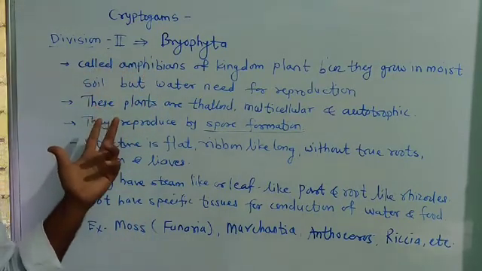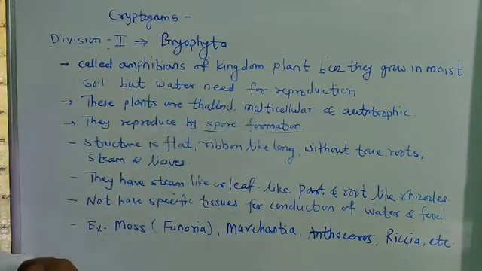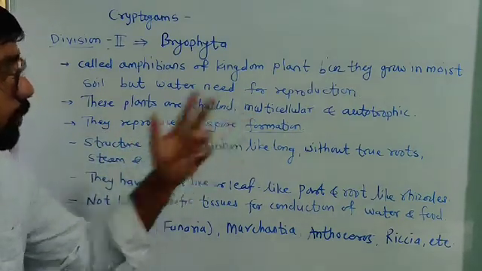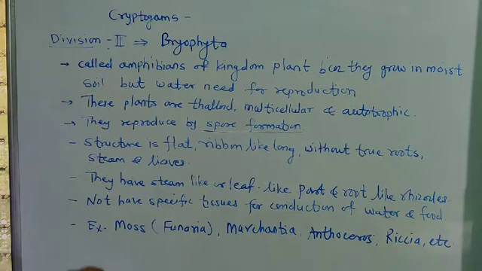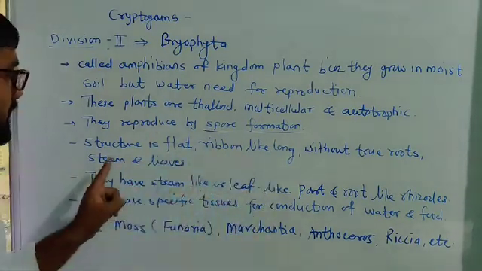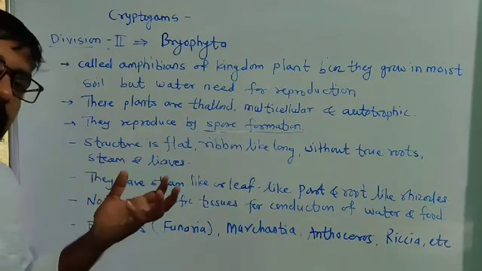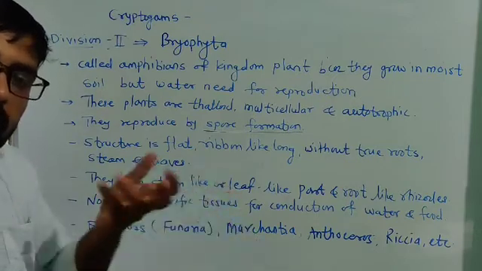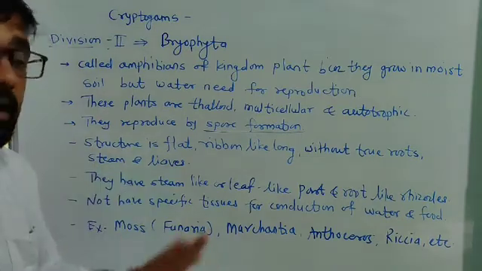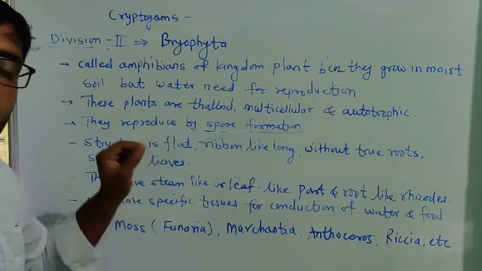What are their specific characteristics again? They are thalloid, multicellular and autotrophic. Their reproduction takes place by spore formation. Their structure is flat, ribbon-like, long, without true roots, stem and leaf. Stem-like, root-like and leaf-like parts are present on their body, but actually they are not true stem, leaf and root.